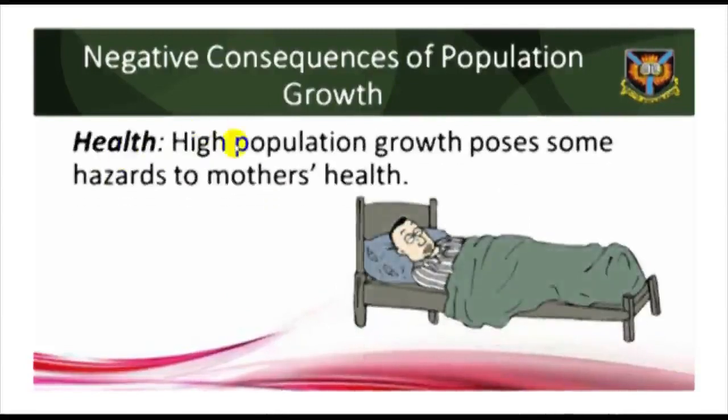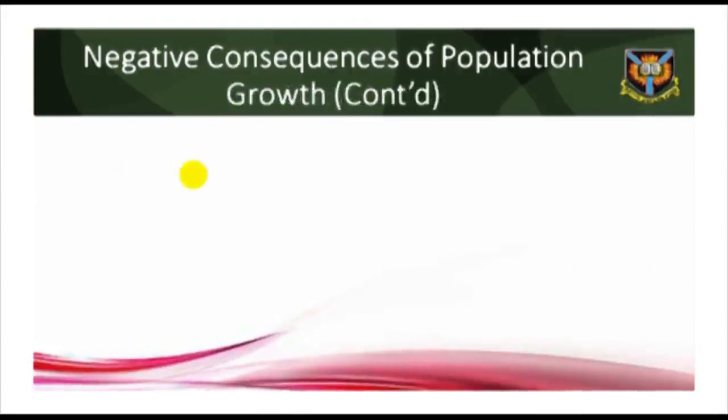4. High population growth poses some hazards to mothers' health. For example, closely spaced children have been shown to reduce birth weight and increase child mortality rate. 5. Food.